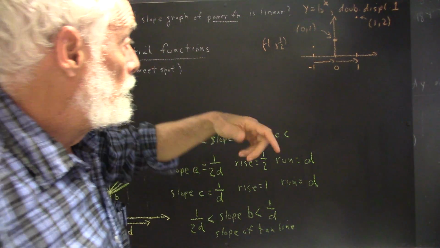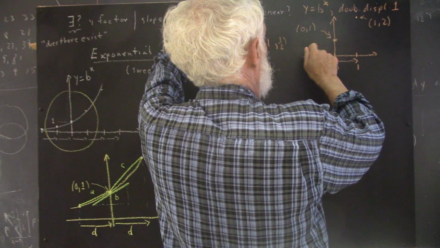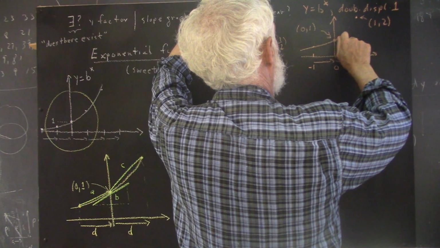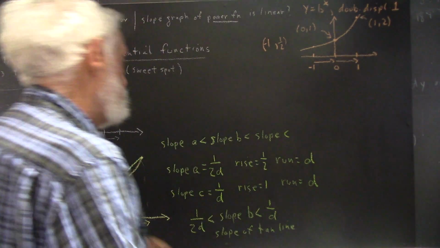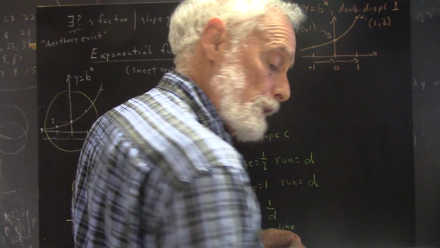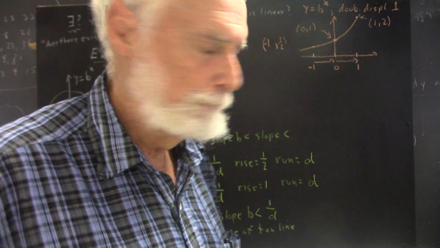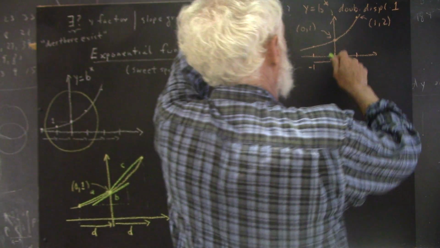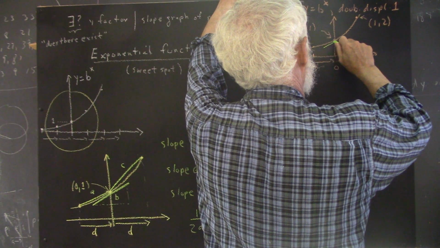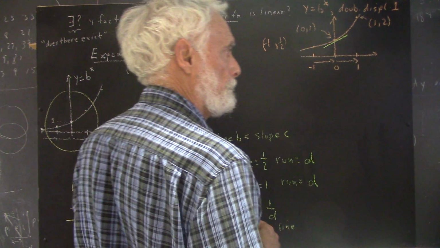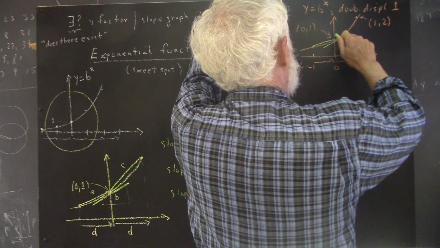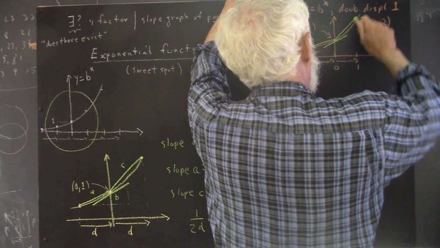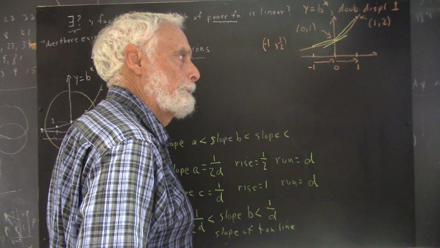Okay, so now we have, of course, the graph of the exponential function, which does something like this in this interval. So my question then is, we want to get an idea of what the tangent line slope is. The question is, what's the slope of this segment and what's the slope of this segment? Okay?